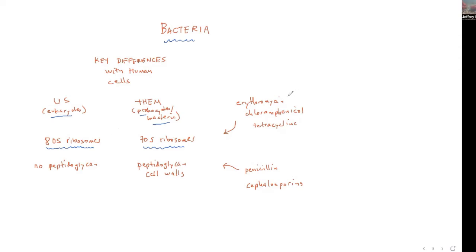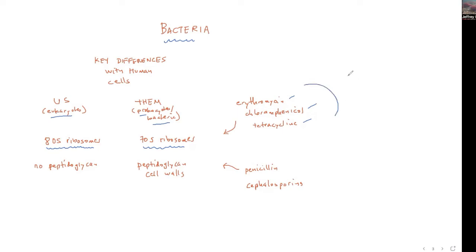And so when you look at some kinds of antibacterial drugs, erythromycin, chloramphenicol, different kinds of tetracycline, there are lots of different drugs that are related to these things. There's oxytetracycline, there are different kinds of chloramphenicols. There's a whole class of drugs called macrolides, which are basically erythromycin variations and derivatives.